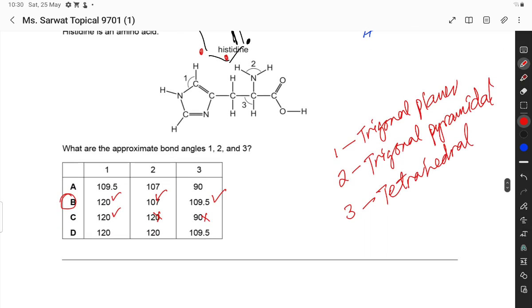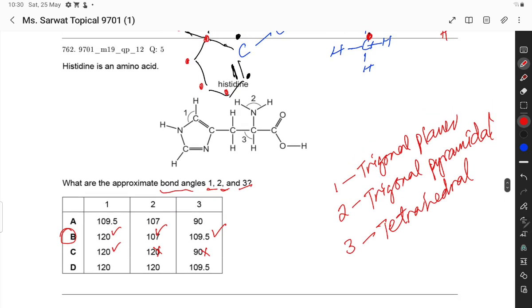Histidine is an amino acid. What are the approximate bond angles 1, 2 and 3? This carbon is surrounded by 3 corners, 3 carbon atoms, so this is 120. 2 is not 120, 2 is 107 because nitrogen is here and the lone pair is here.